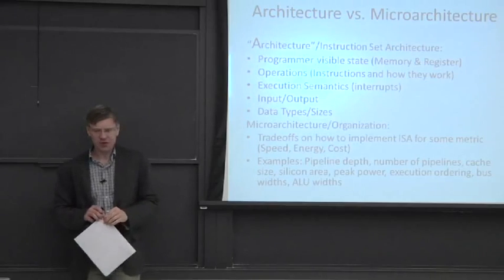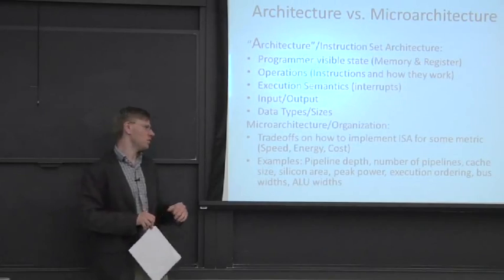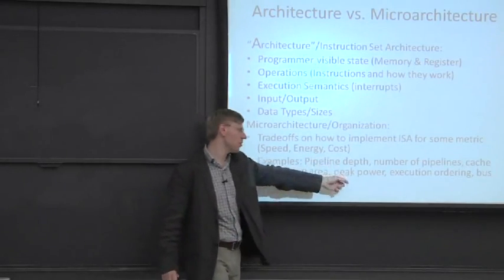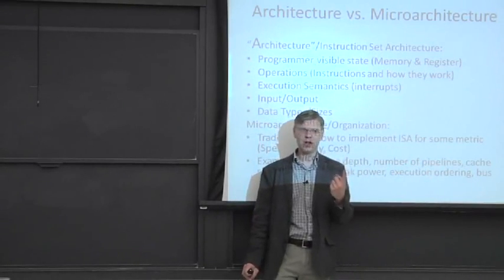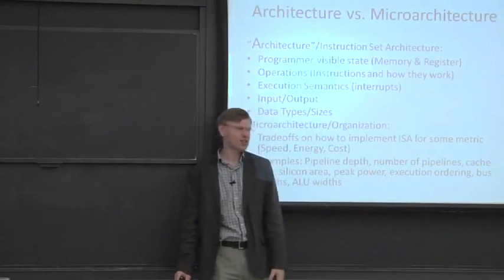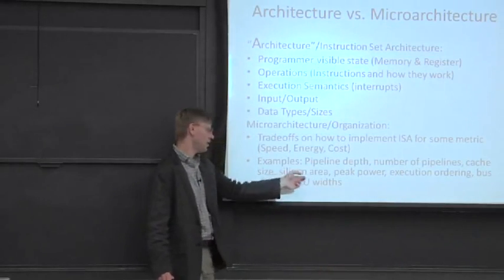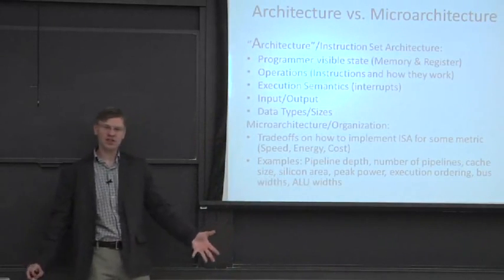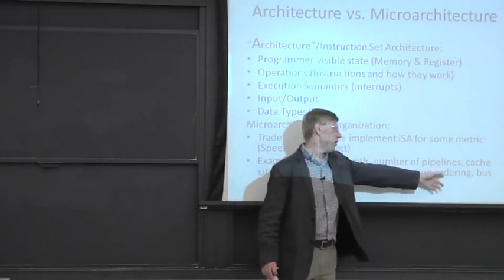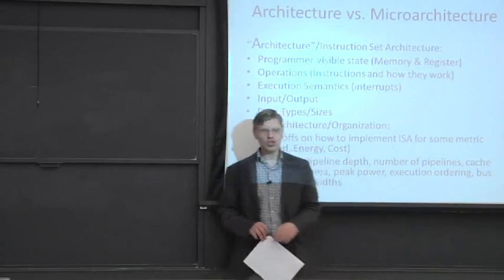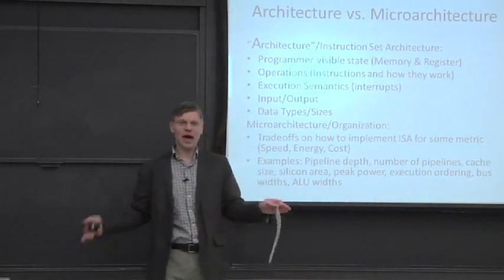So let's look at some examples of things that you might trade off in a microarchitecture. You might have different pipeline depth, numbers of pipelines. So you might have one processor pipeline, or you might have 6, like something like the Core i7s today. Cache sizes, how big the chip is, the silicon area, what's your peak power, execution ordering. Does the code run in order, or can you execute the code out of order?